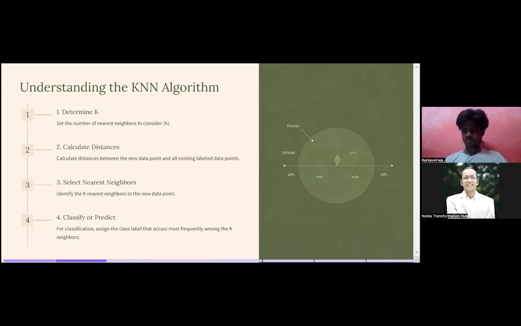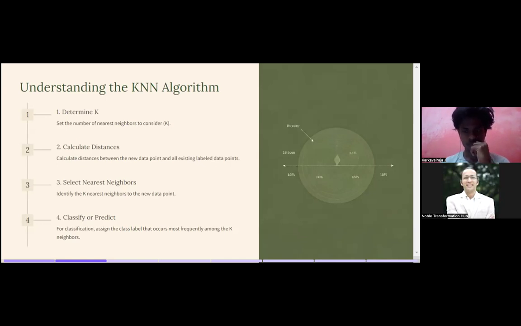You can see by the name the algorithm's behavior, that it will look for the neighbors, the nearest data points. So calculate the distance between the new data points and all existing labeled data points.